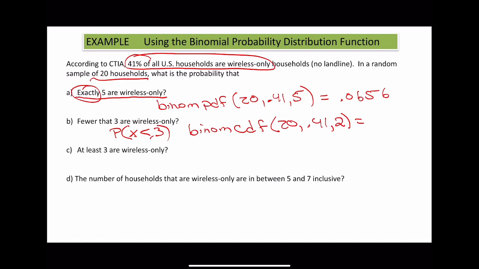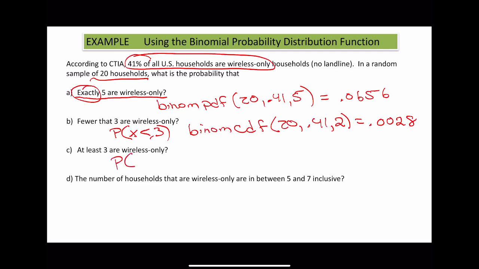So once again, binomial CDF, not PDF, binomial CDF, 20, 0.41 and 2. And that gives me about 0.0028 approximately.